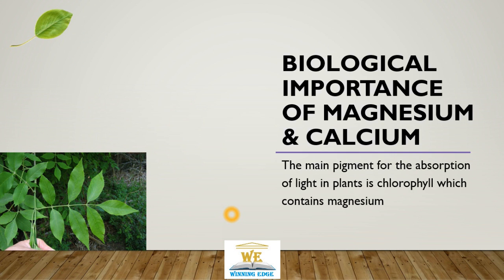We know life on Earth is due to one plant activity known as photosynthesis. For photosynthesis, plants require one particular pigment for the absorption of light, known as chlorophyll. The activity of chlorophyll is because of the alkaline earth metal magnesium.